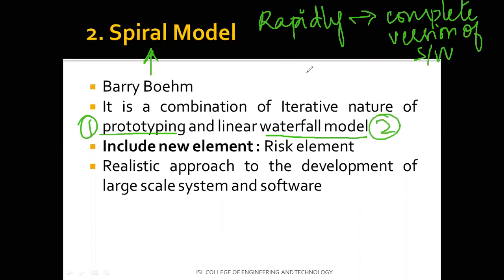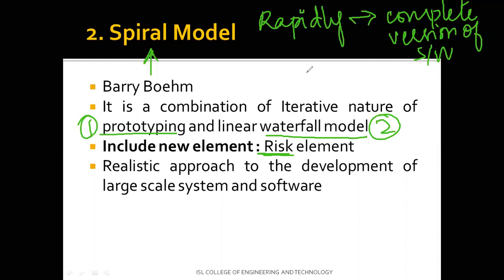The additional new feature within the spiral model is that it is a risk-driven development. Whenever you're going to develop a particular software, you focus on the risk. If a particular project has a huge amount of risk, you're completely using new technology, new software, new tools, so you do not know what the output is going to be.